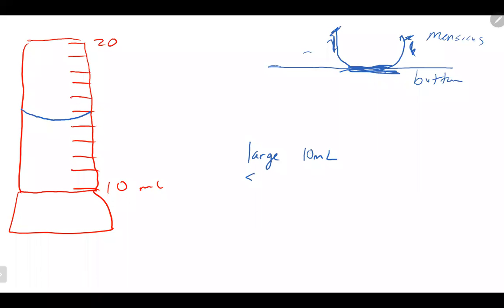Our smaller markings here, if we look, we have 1, 2, 3, 4, 5, 6, 7, 8, 9, and 10. So we have 10 markings between 10 milliliters, which means each of the smaller markings represents 1 milliliter in this case. This would be 11, 12, 13, 14, 15, 16, 17, 18, 19.